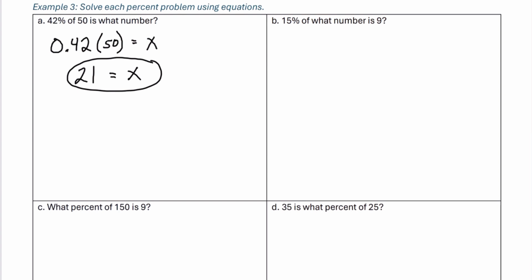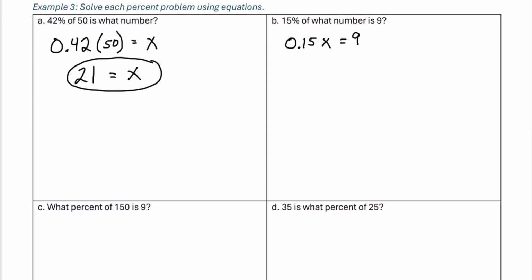In part B, 15% of what number is 9? Let's translate that statement into an equation. 15% we'll write as a decimal, 0.15. Of what number? Of means multiply. What number is x? Is means equals. So we have 0.15x equals 9.